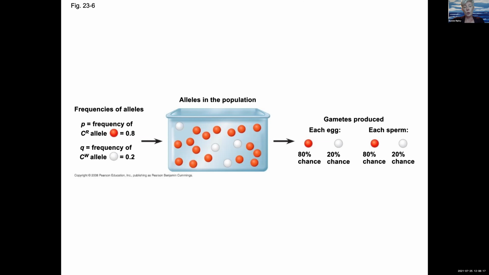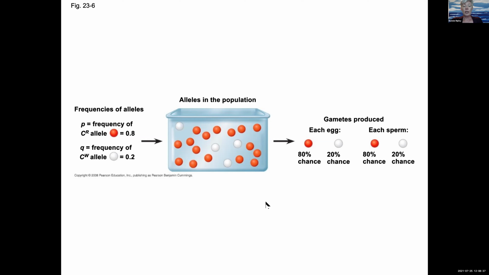So we're going to assume when we're making a Punnett square that there's all these possible combinations of alleles, just like we did for Mendelian genetics, but instead of having a probability of 1/2, they have whatever probability we have found is present in this population.